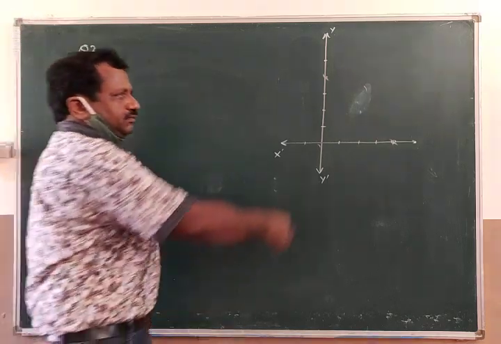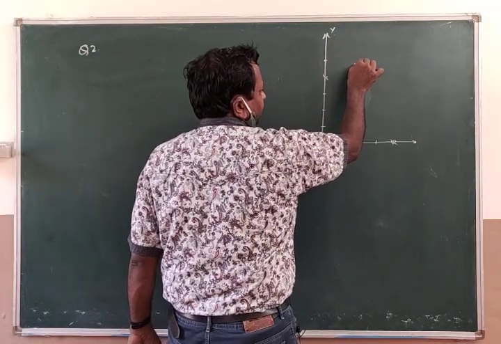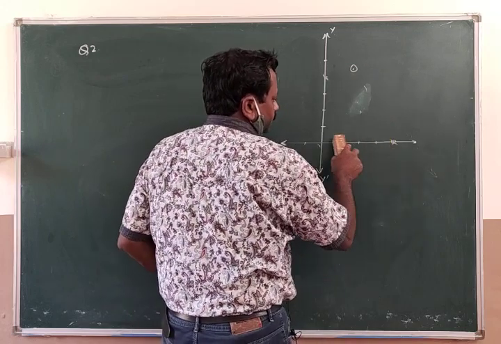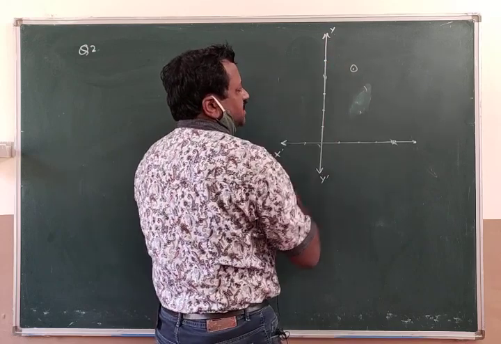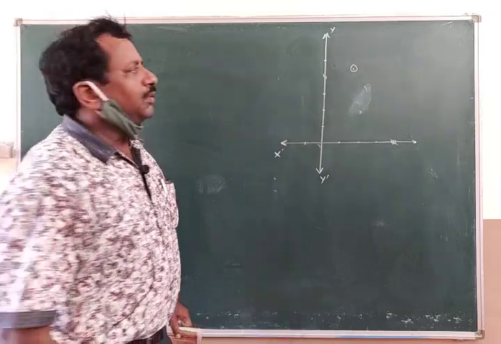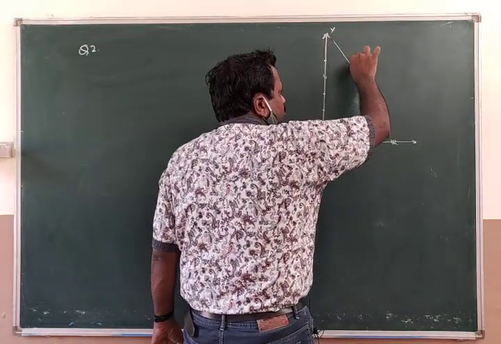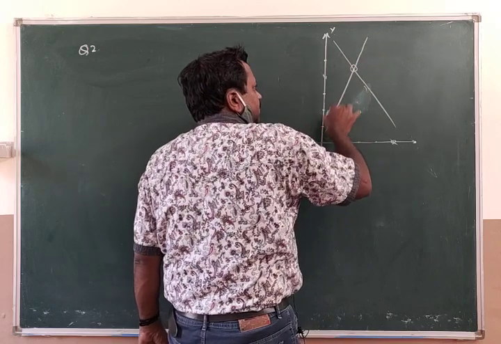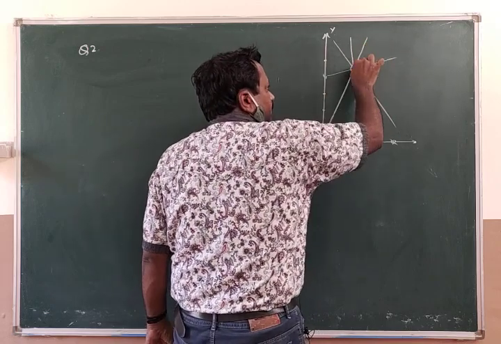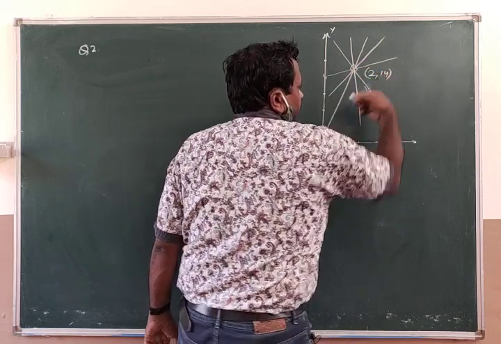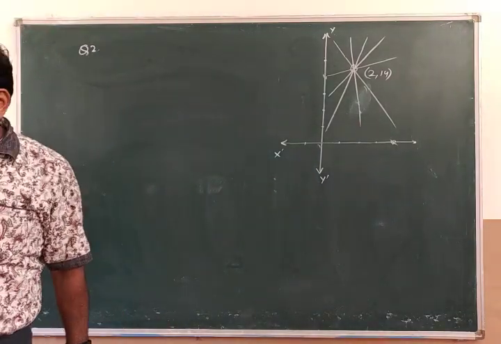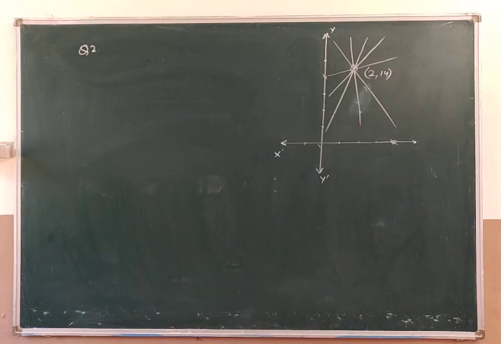So there is a point 2, 14 in the Cartesian plane. I don't know exactly, but it will be somewhere in the first quadrant. Infinite lines can pass through this point, so infinite equations can be there, but we have to make the equations of only two lines passing through it.